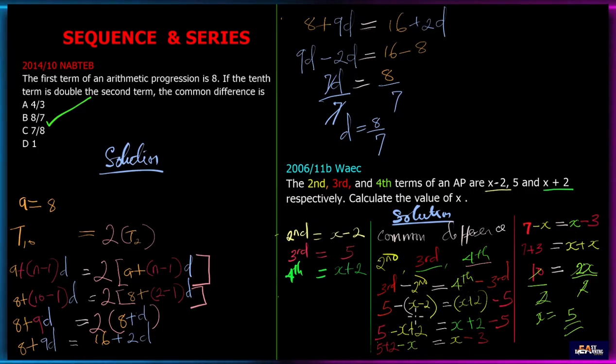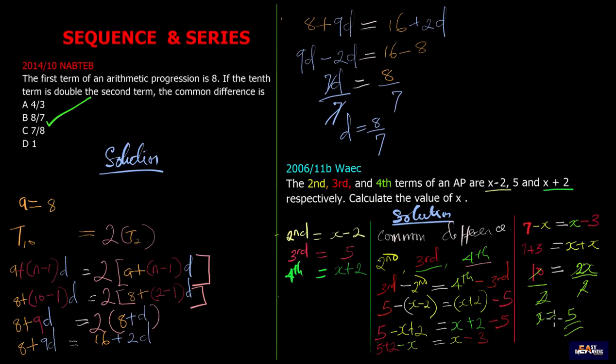The third term is 5, the second term is x minus 2. We subtracted it, did the same thing here, solved for x, and had 5.